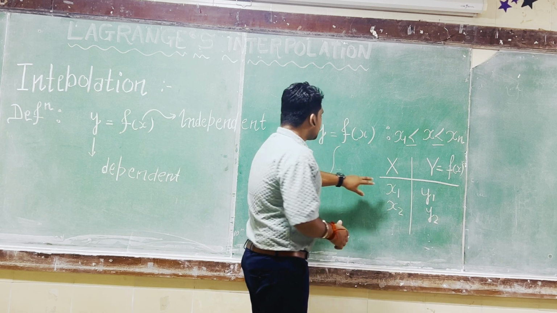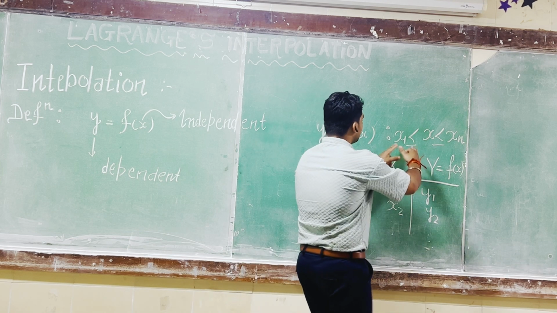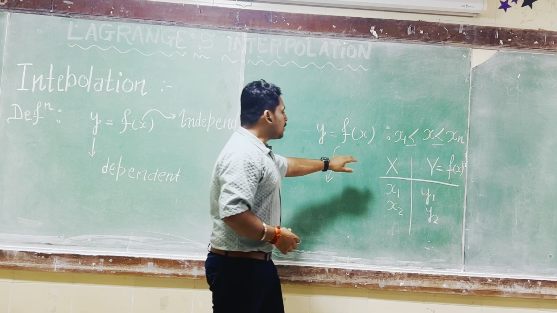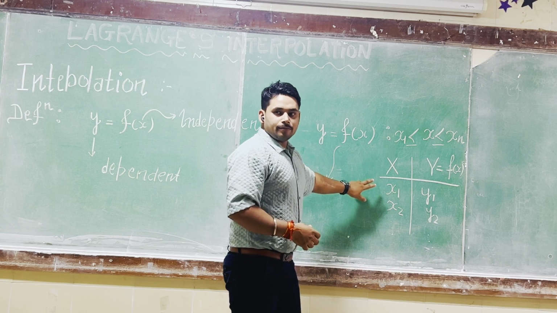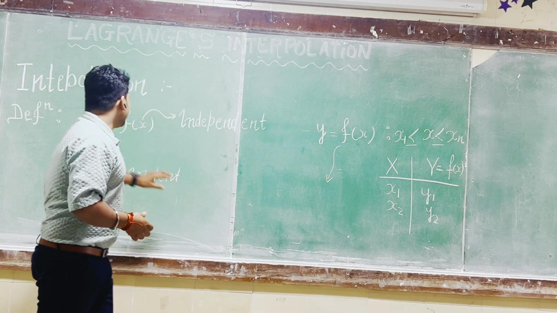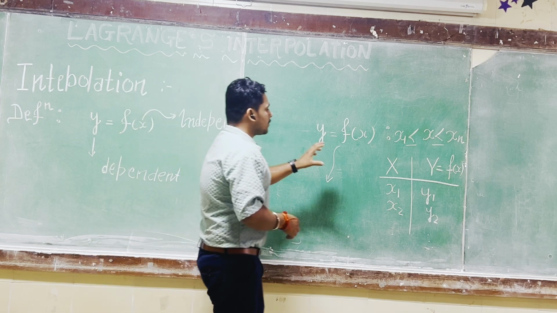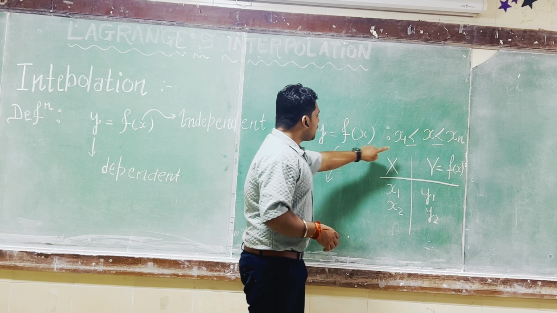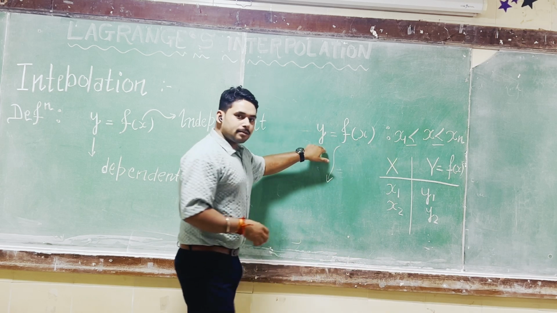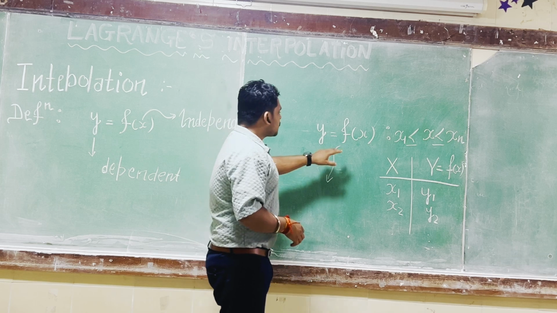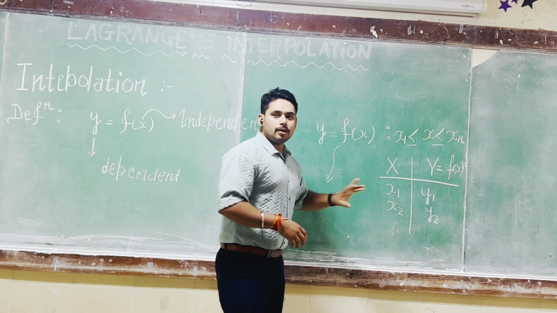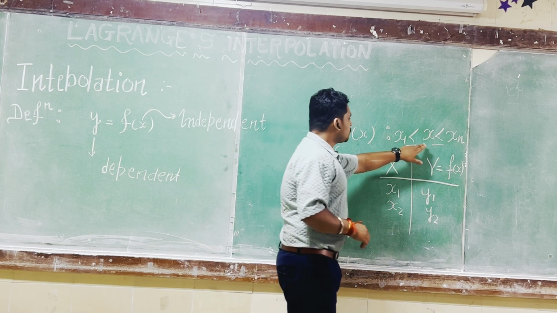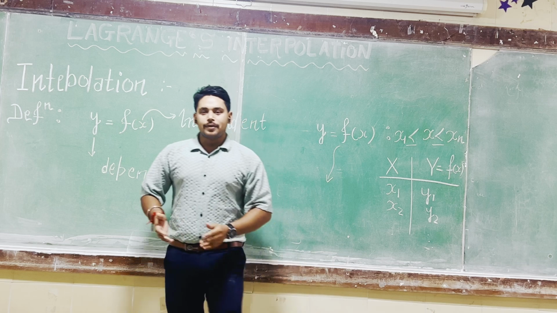It means for certain values of x within the range x1 to xn, the function is satisfied. So if our function expression is not known, but we know that for some values of x the function is satisfied, then this process is called interpolation. But the condition is that the value of x must belong to this range. So this is the part of interpolation.